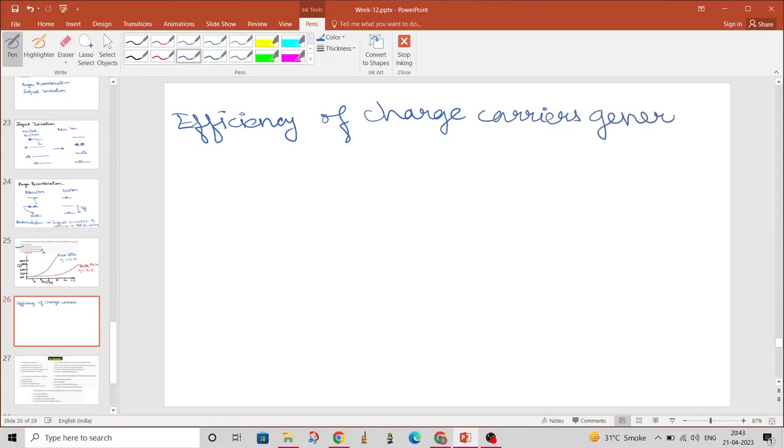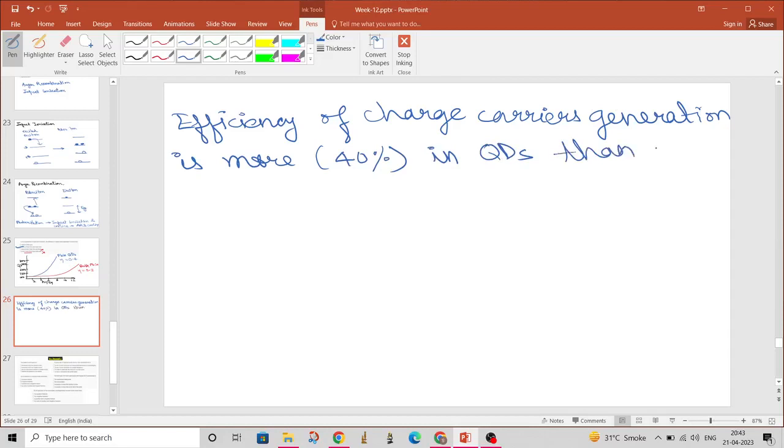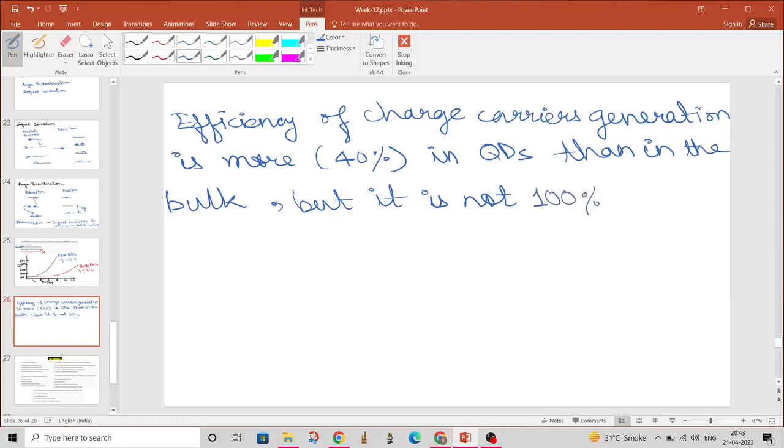Efficiency of charge carrier generation. We will assume that in quantum dots it should be 100%, but it is not. It is 40% in quantum dots, more than in the bulk, but it is not 100%.